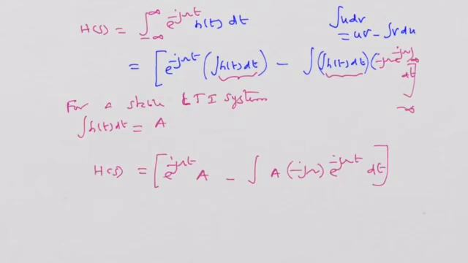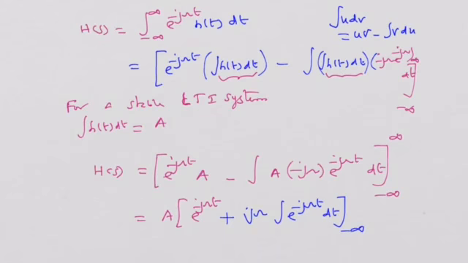The lower limit is minus infinity, the upper limit is plus infinity. The same expression can be modified by taking a as a common factor outside. So it will become e power minus j omega t plus, notice that it will become plus, a into j omega into the integral of e power minus j omega t dt, where the lower limit is minus infinity and the upper limit is plus infinity.